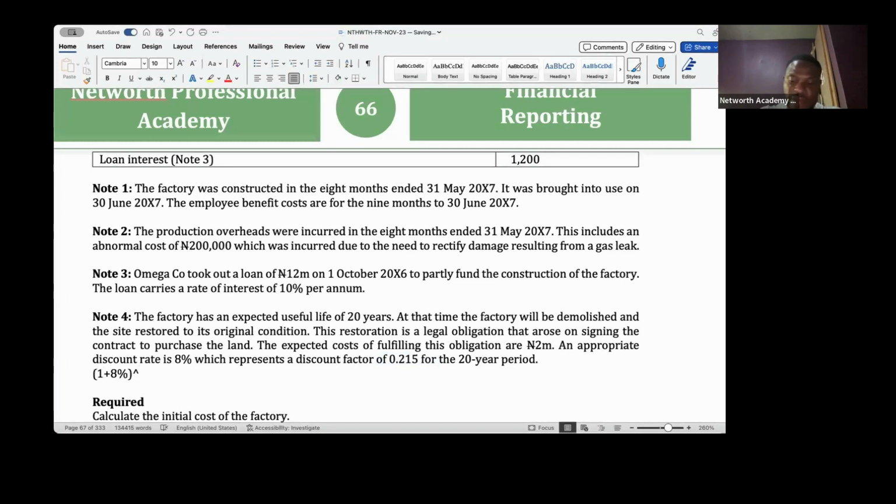So this will be something like 1.08 raised to power minus 20, which is n. So all that should give us this 0.215, which you ultimately multiply by the future value so that we can get our present value.